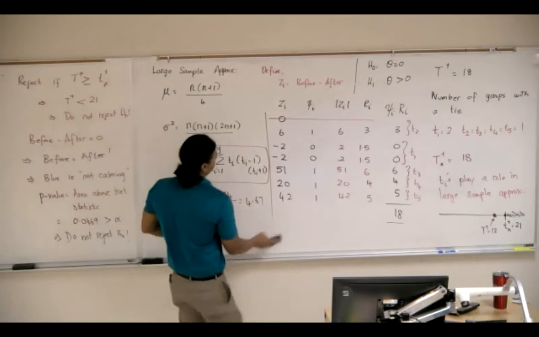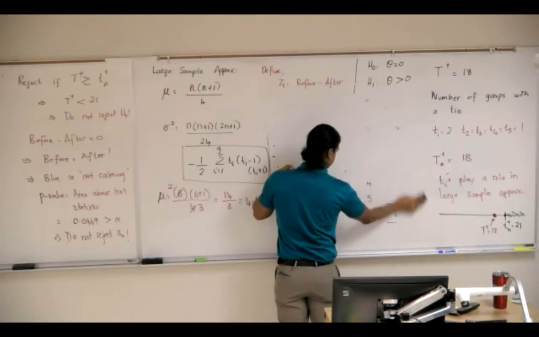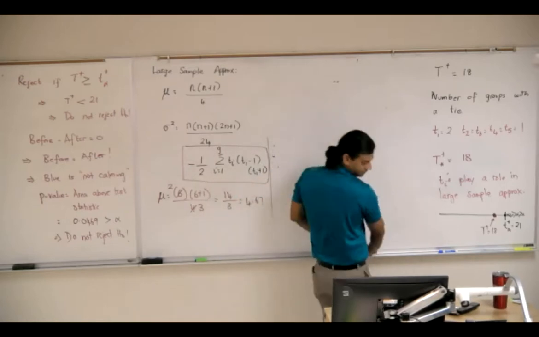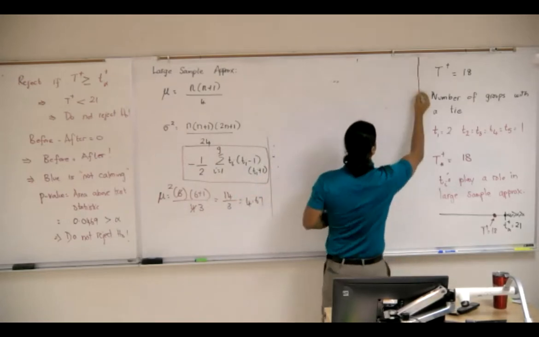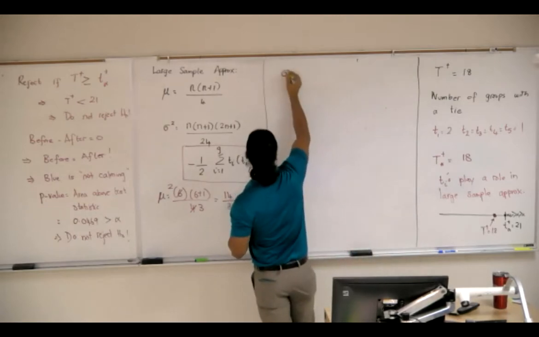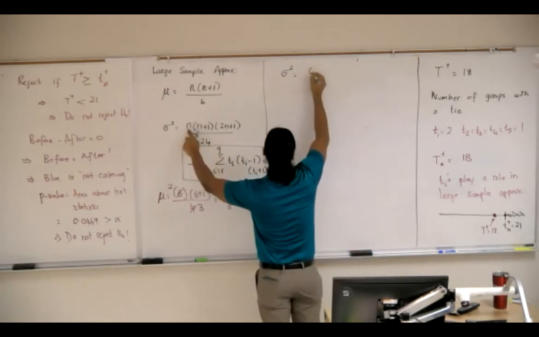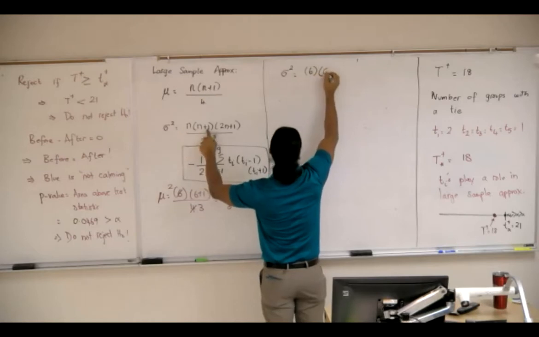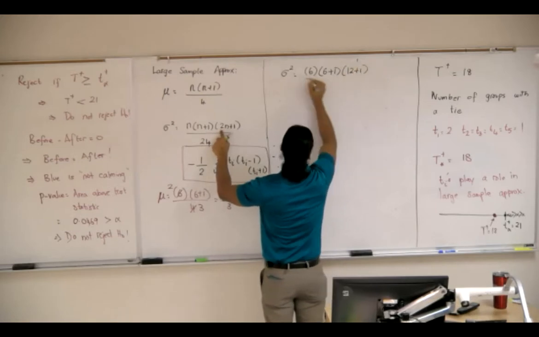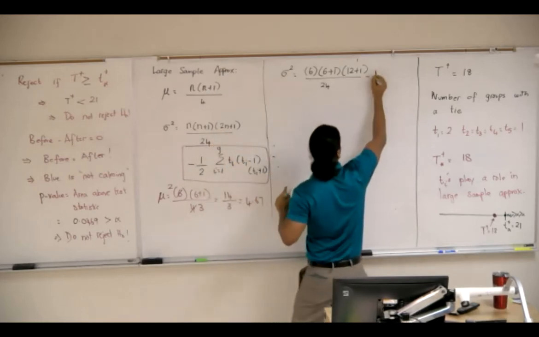Variance is sigma squared, not the standard deviation, this is the variance. Plug it in the formula: 6 times (6 plus 1), times 6 times 2 is 12, plus 1, divided by 24, minus 1/2.